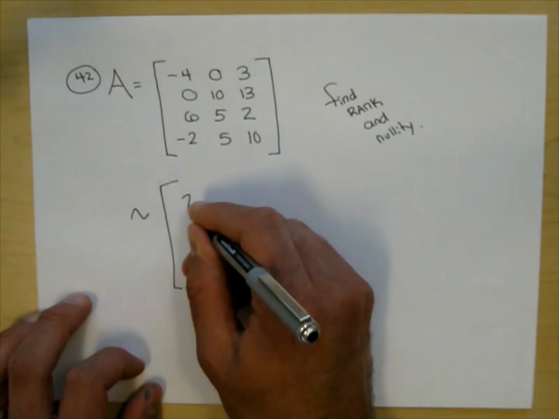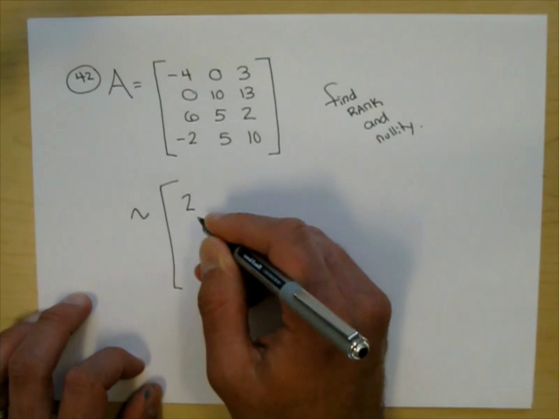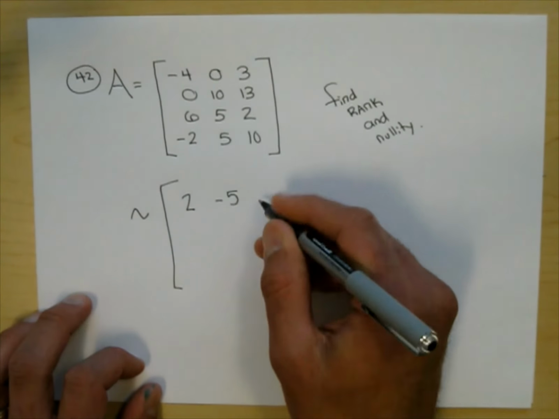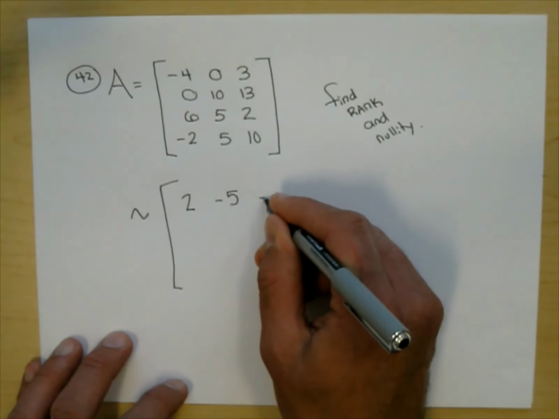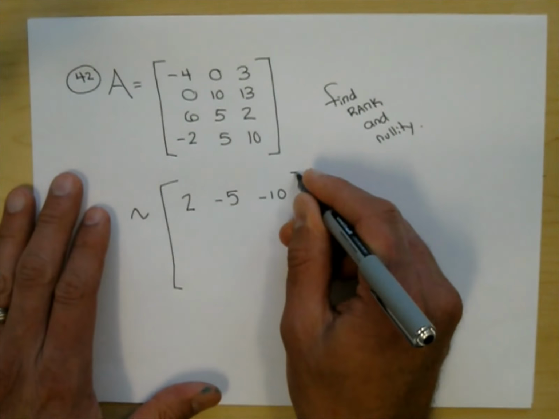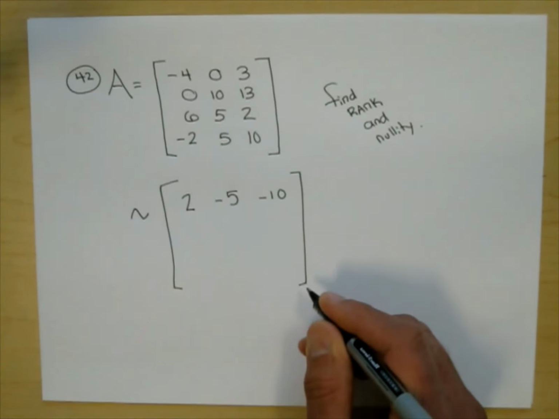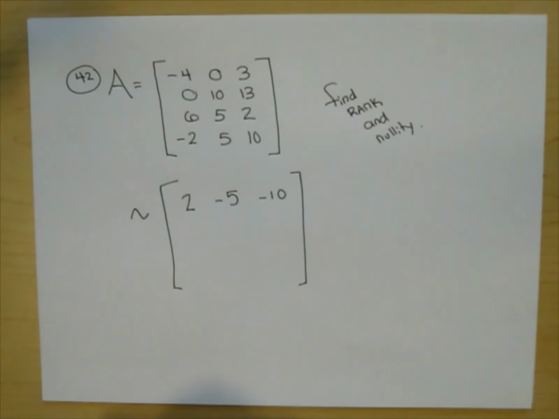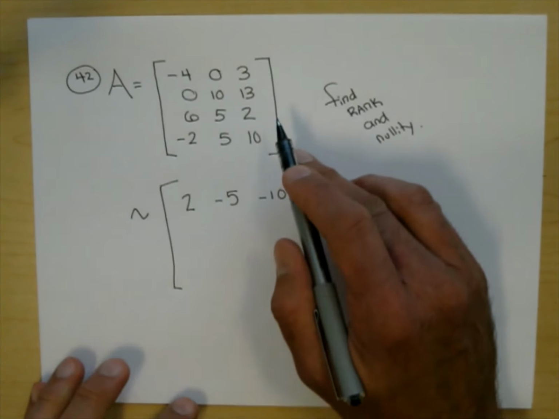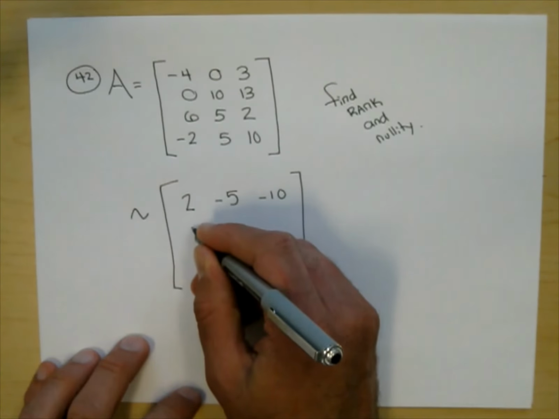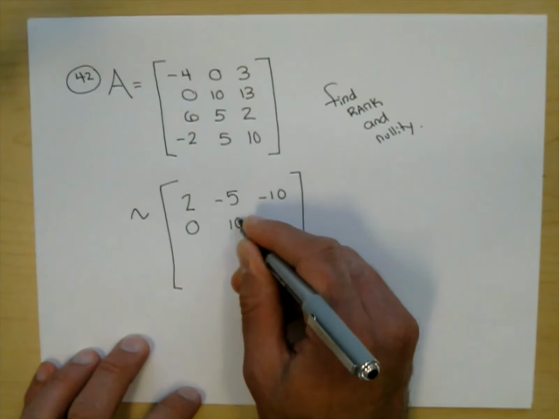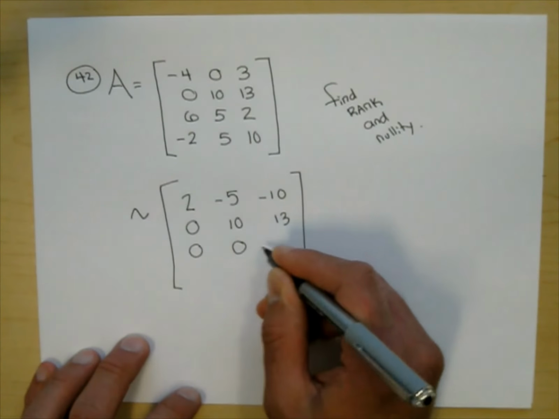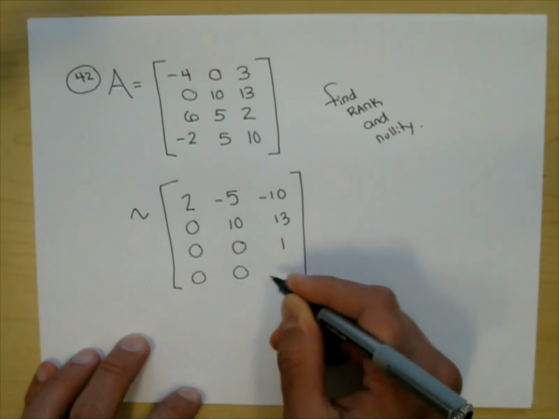So what I ended up getting is 2, -5, -10, and then the next row 0, 10, 13, and then 0, 0, 1, and then 0, 0, 0.